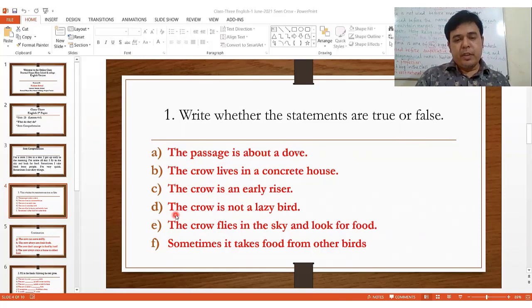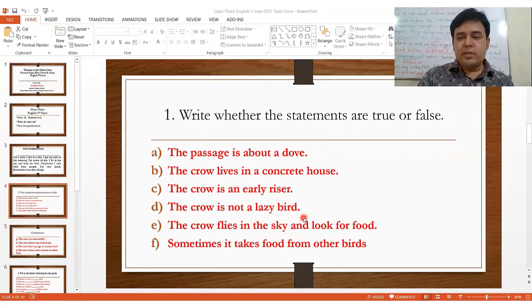Number D, the crow is not a lazy bird. What do you think? Is it true or false? Yes, it's true, because the crow itself says that it's a very active bird. Active means not lazy. So I think that is true.